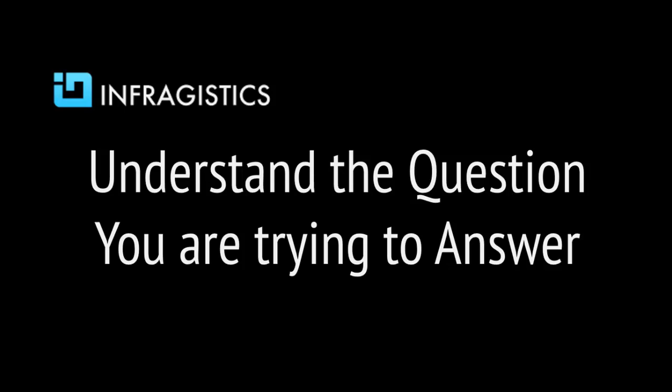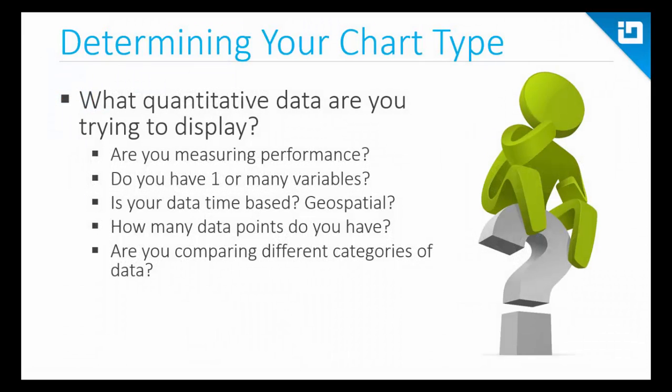So, understanding the questions you are trying to answer gets to the crux of determining your chart type. What quantitative data are you trying to display? We just went over the types of displays that you can do. You had your point, your bar, your line, and your shape.